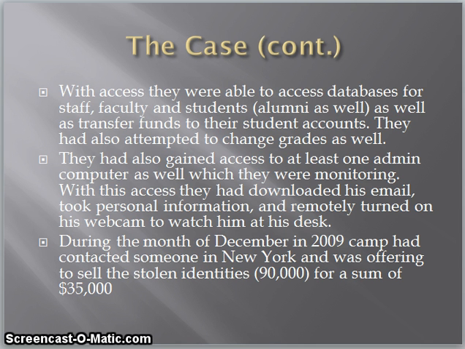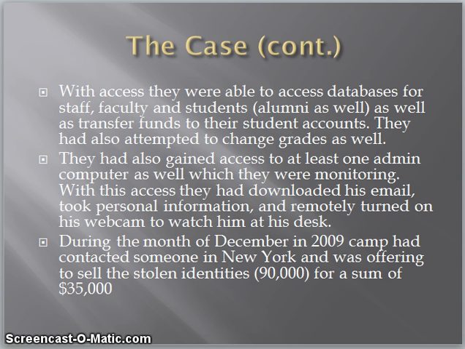I couldn't find a total for the funds, but somewhere I believe it was in the indictment. I want to say the monetary funds were around $5,000.